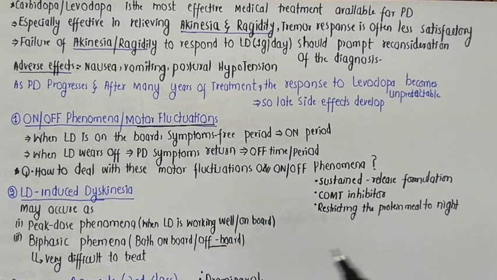When the dose of levodopa wears off, there are still dyskinesias occurring. So this is called biphasic phenomena. When the dyskinesias only occur in the on time, this is called peak dose phenomena. When they occur in the on time as well as the off time, this is called biphasic phenomena. And this is very difficult to treat.